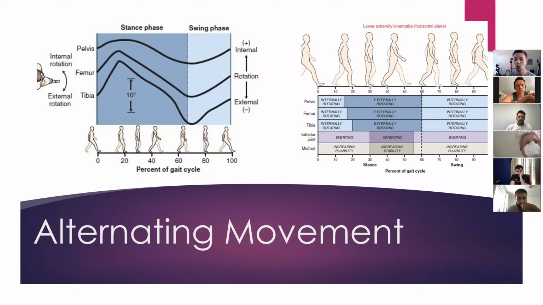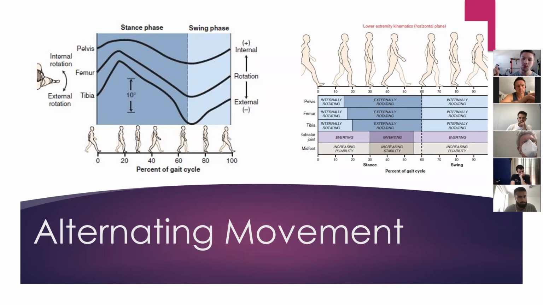Generally speaking, when we are moving into the earliest phases of gait, in the first sort of 10 to 20%, we're kind of biasing ourselves towards moving into internal rotation. After we get to about 20%, we begin to move towards external rotation and then back to internal rotation. So you can think of it as this sort of nice tide, like the ocean coming in and out.